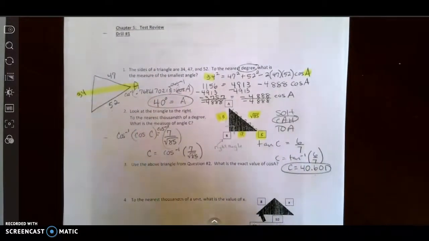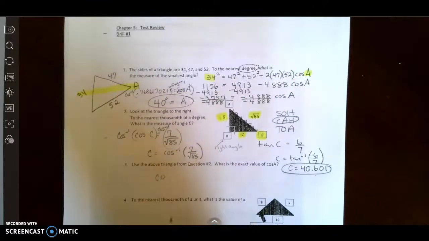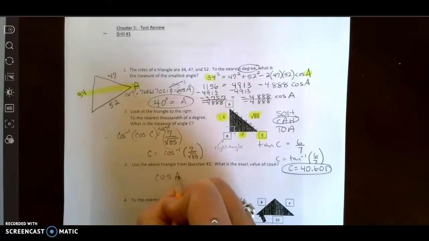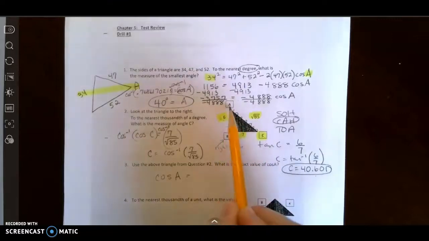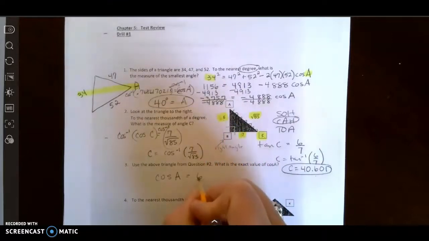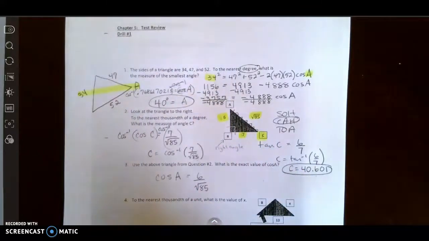Number 3, use the above triangle from question 2. What is the exact value of the cosine? Okay, so we have the cosine of A. So the cosine of A would be adjacent, which is 6, over hypotenuse, which is the square root of 85.